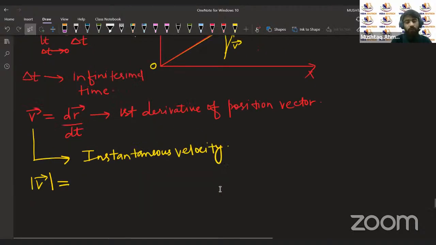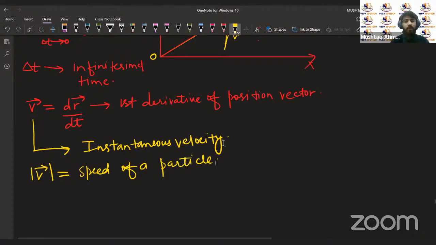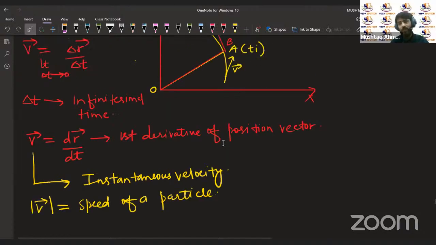So the magnitude of this instantaneous velocity we call the speed of a particle. Suppose the particle was moving with constant speed, not changing at all on this path.